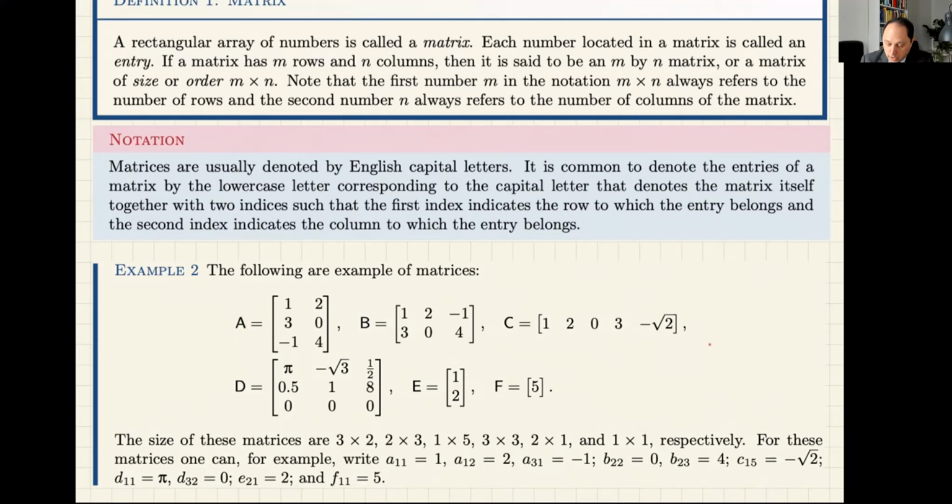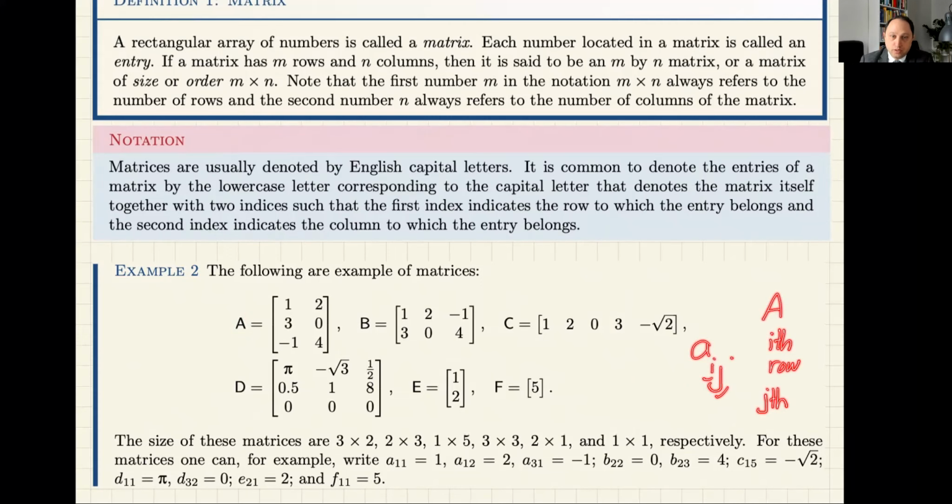So when I write A, i, j, I mean I am interested in the entry in the matrix capital A sitting on the ith row and jth column. Again, the first number refers to the row number, and the second index refers to the column number. That's also a convention.